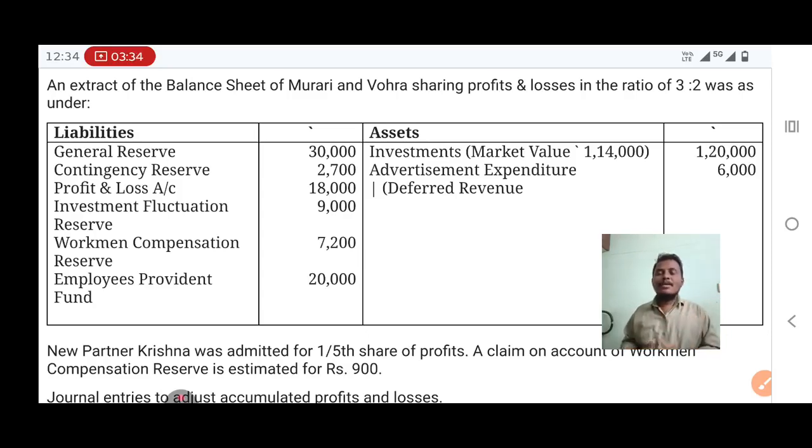For example, I have invested 1,000 rupees in some other place, but my current value is only 500 rupees. My investment fluctuation reserve has some 900 rupees, which means in that loss scenario, this reserve will help to support this investment.